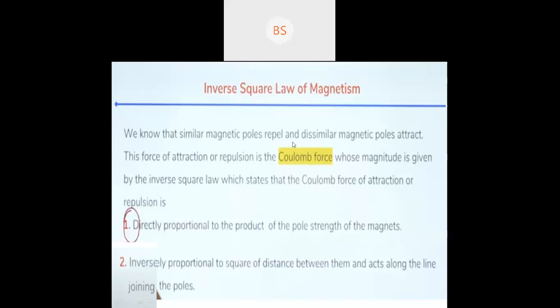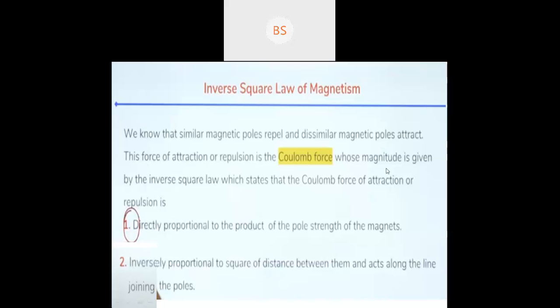We know already this property, that similar magnetic poles repel and dissimilar magnetic poles attract. Such a type of force is called the Coulomb force. It may come as a 1 mark or 2 marks question. What is Coulomb force? You have to write that similar magnetic poles repel or dissimilar magnetic poles attract, and this force of attraction or repulsion is called the Coulomb force.